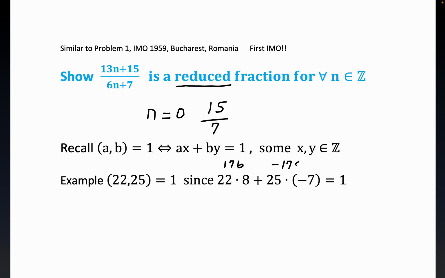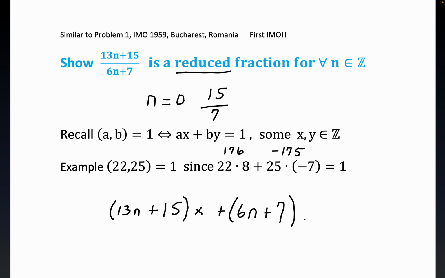We need to find an x, plus the denominator of our expression, which is 6n plus 7. We need to find a corresponding y in order for this to all equal 1. Because if we do that, we will have a numerator and a denominator with no common factors. Whoops, we need to put a y right here. Sorry, y'all left out the y. And that all has to be equal to 1. Sorry about that, y'all. That's supposed to read 6n plus 7 quantity times y.